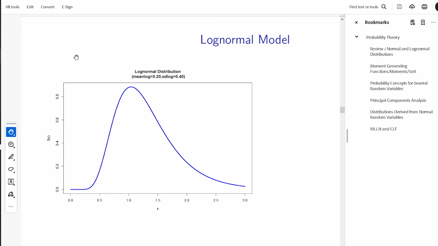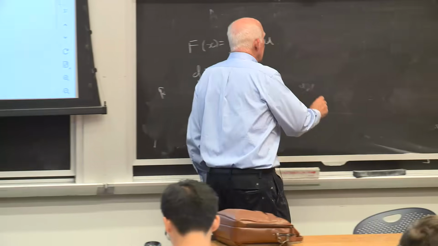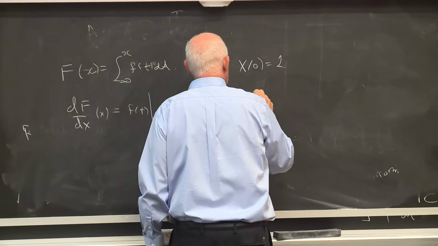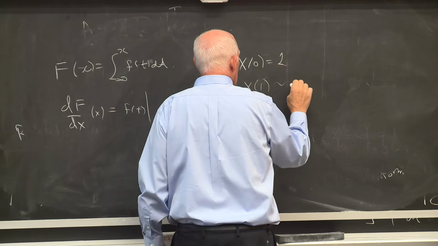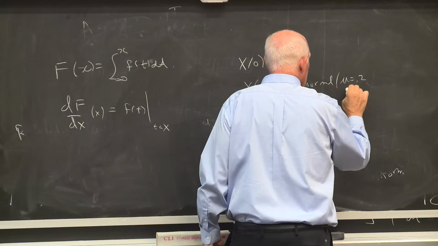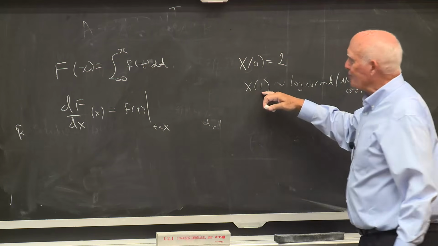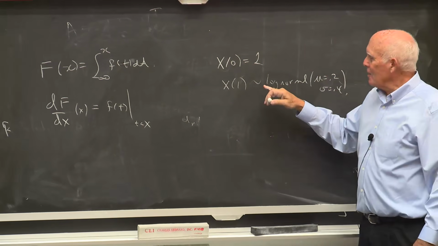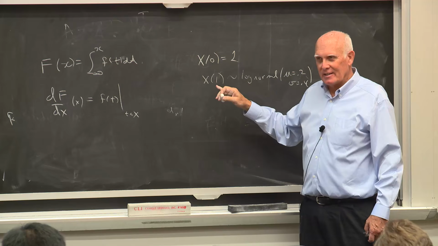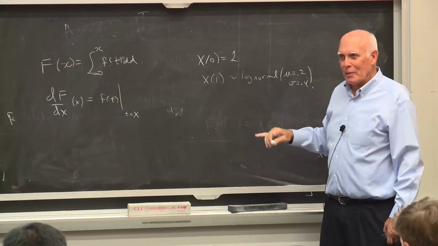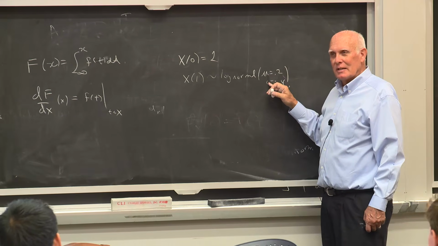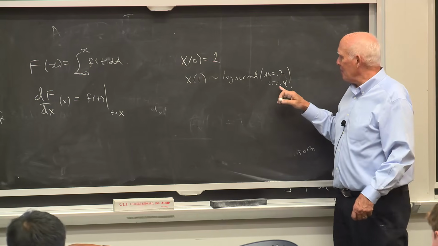Here, I'm thinking that if we think of x of 0 equaling 1, and x of 1 being distributed as a lognormal with mu equal to 0.2 and sigma equal to 0.4, then this lognormal distribution can correspond to a 1-year period where on the log scale we expect a mean change of 0.2 and a standard deviation of 0.4.